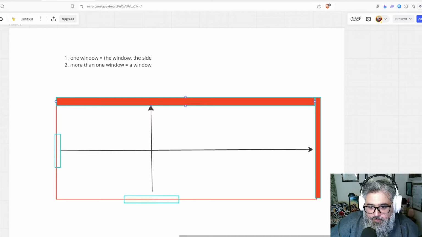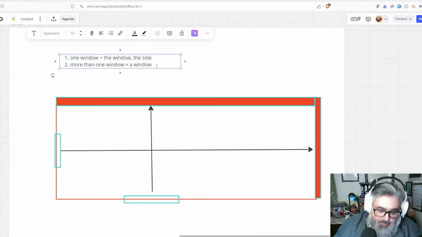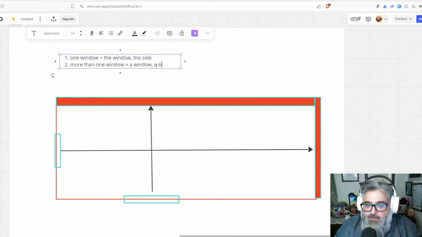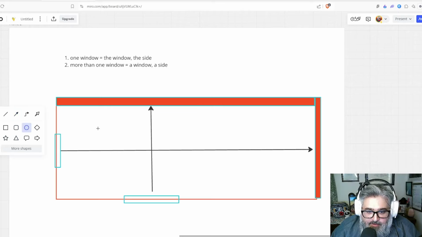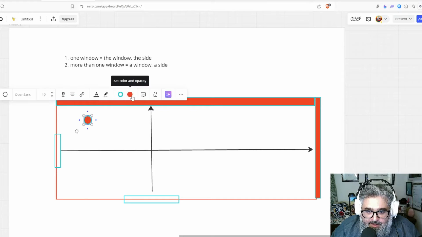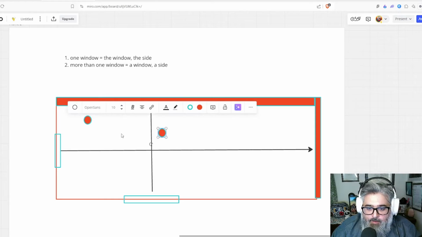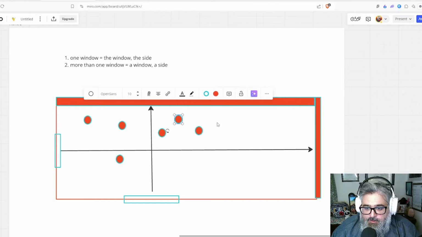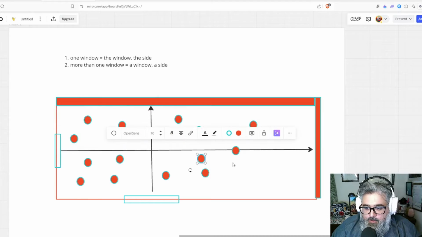See, this is also opposite a window. Now, if that's the case, if there are two windows, then we'll say a side. And the last piece of information. Now, let's suppose these are all tables. There's a bunch of tables in this restaurant.